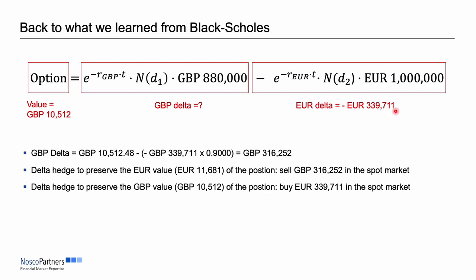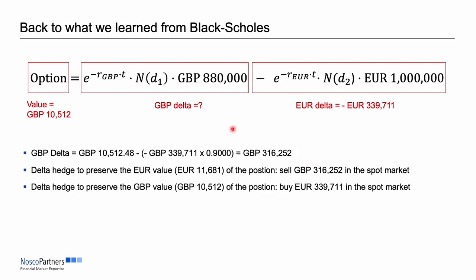Well, that depends who you are. If you are a trader and you want to preserve the value of your book, it depends in which currency your P&L is. If your P&L is in euros, then the pound delta is your risk, and you would hedge your position by selling the pound delta. That means your hedge order would be to sell 316,252 pounds in the spot market.